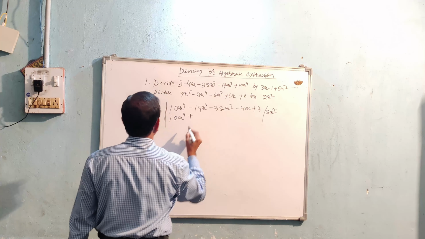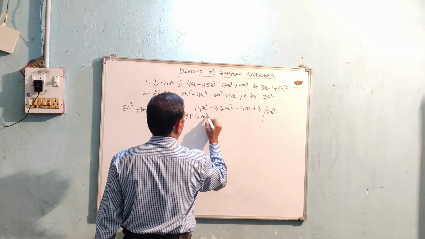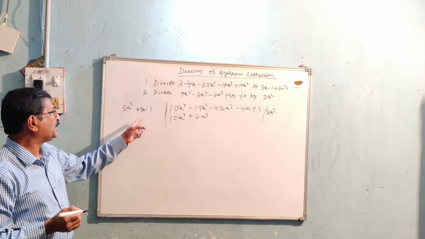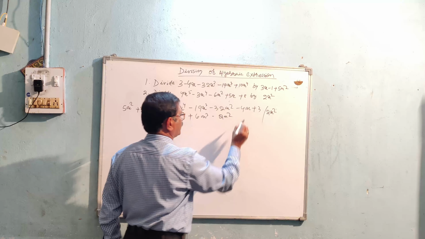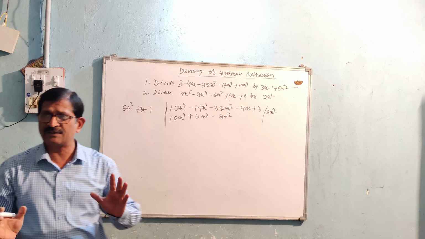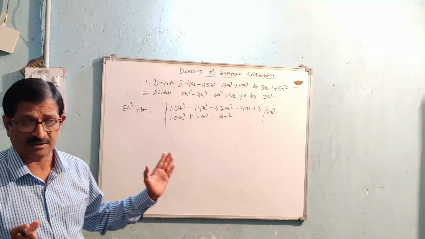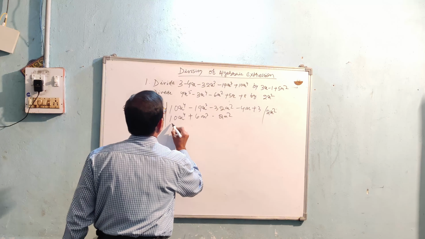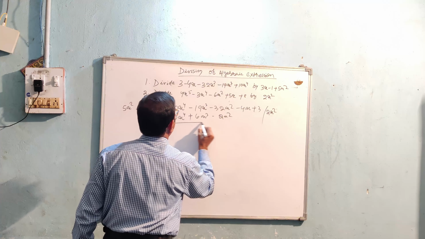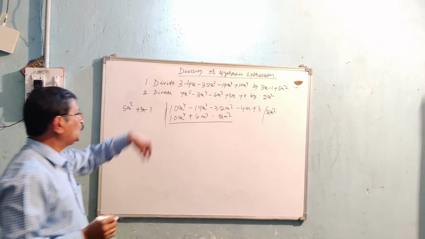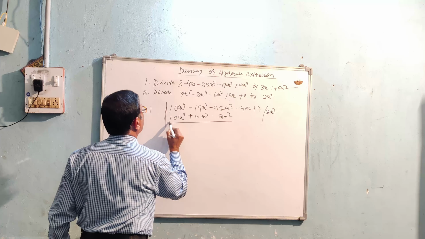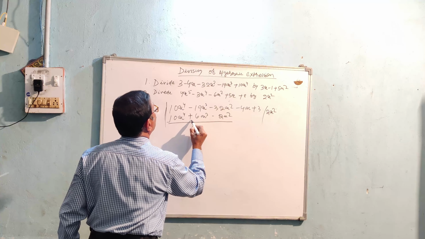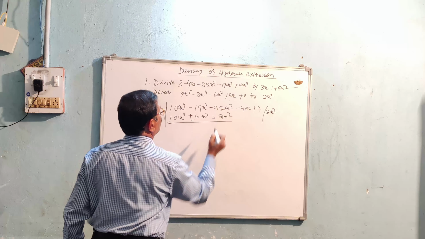So that would be 6x cube. And again 2x square times minus 1 becomes minus 2x square. Many students commit mistakes in this part, and thereafter you have to subtract.